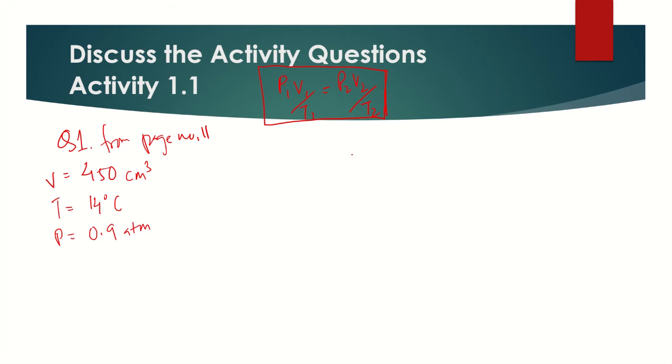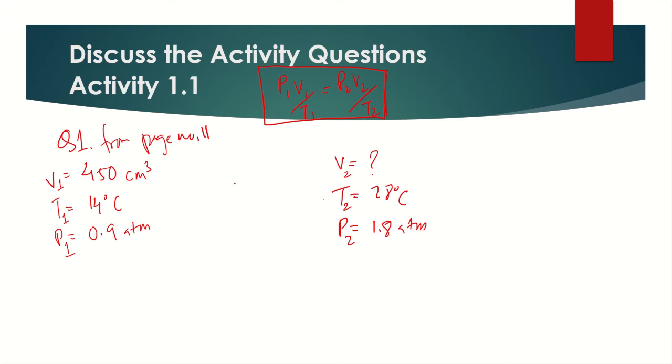What will be the volume at temperature 28 degrees Celsius and pressure 1.8 atm? So right away we can write that 450 centimeter cube is V1, 14 degrees Celsius is T1, 0.9 is P1, and we are asked to calculate V2, the final volume when the temperature T2 is 28 and the pressure P2 is 1.8 atm.